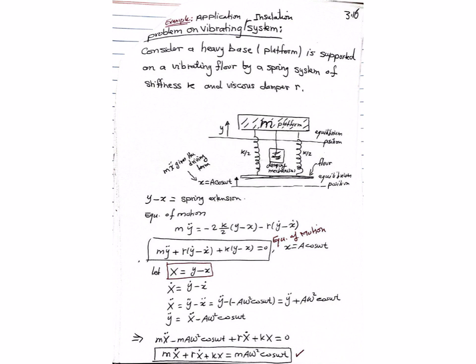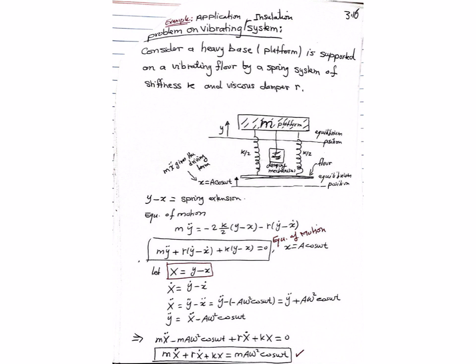Then take this value and substitute it in the equation of motion above. We get m X capital double dot minus m a omega squared cosine omega t plus r X capital dot plus k X capital equals 0.